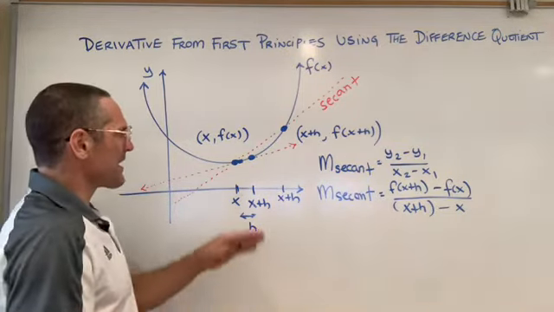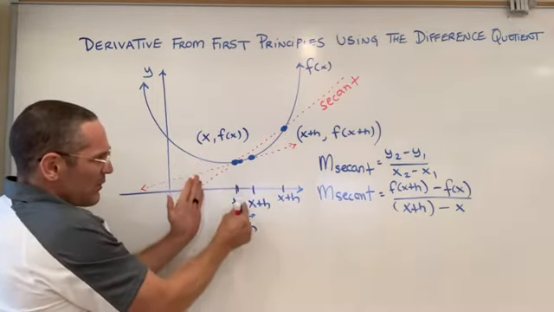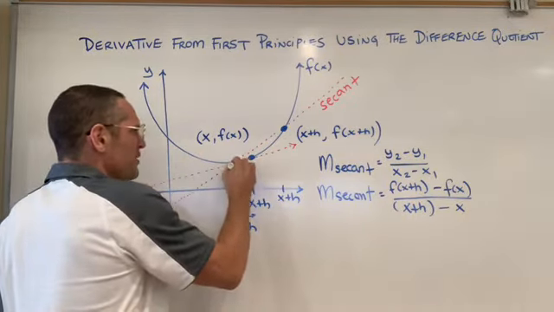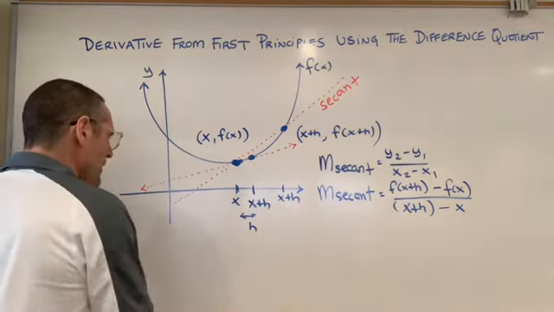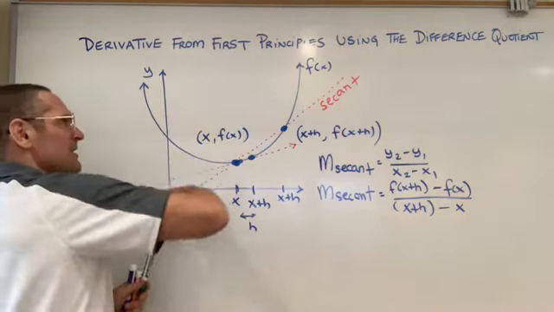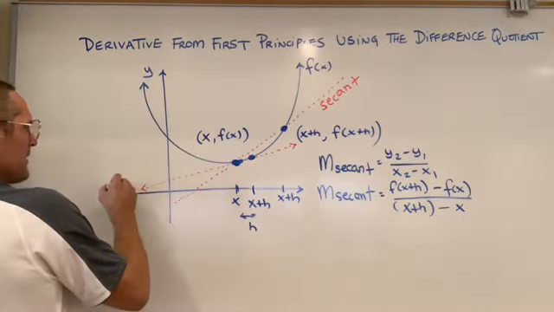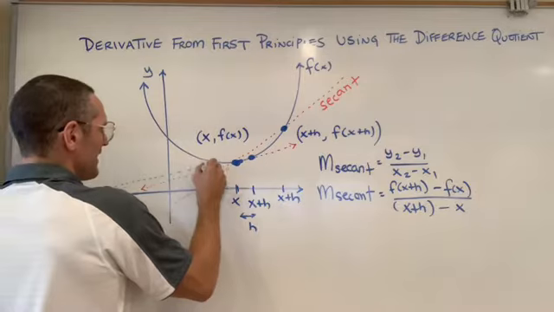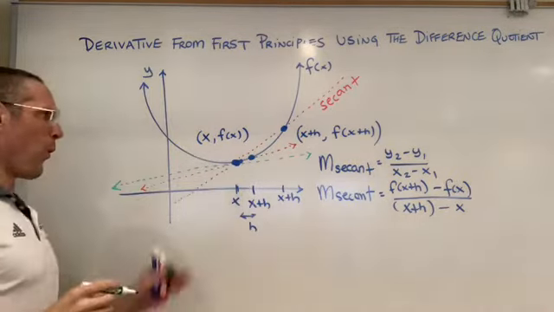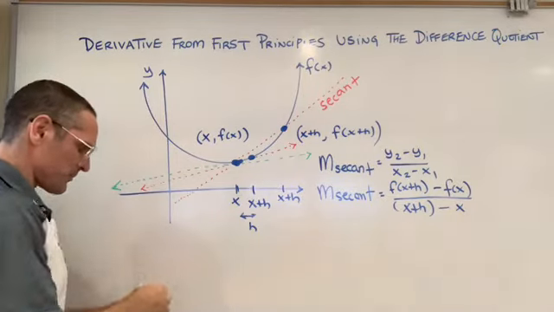And what happens as h goes to 0, our point, instead of becoming 2 points, becomes 1 point, and our red secant lines become a green tangent line, because now we only have 1 point of intersection.